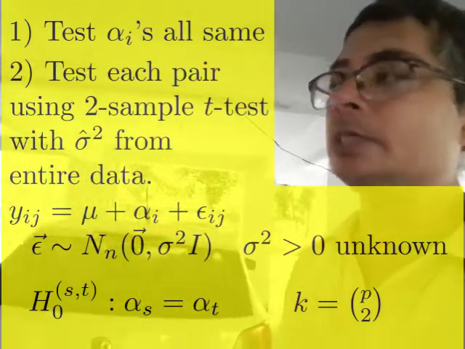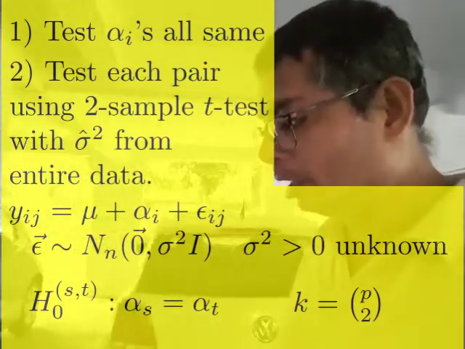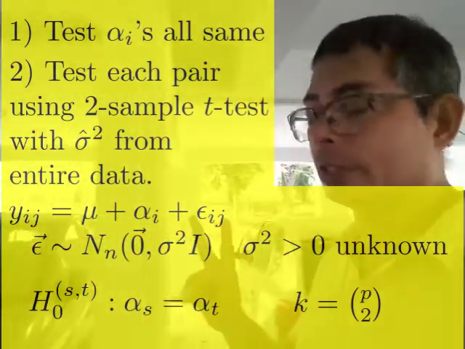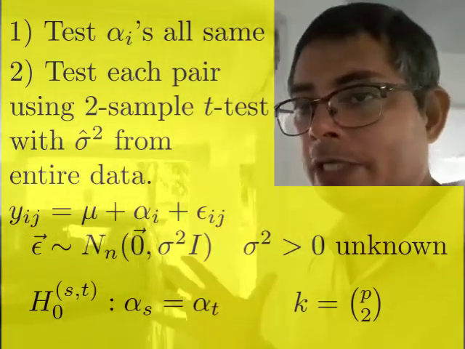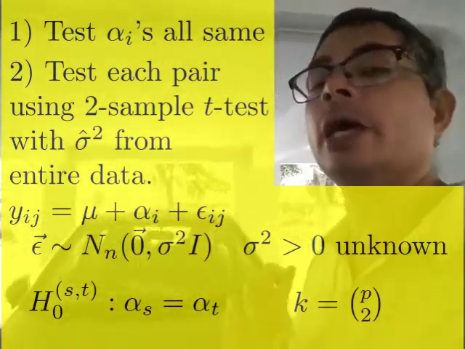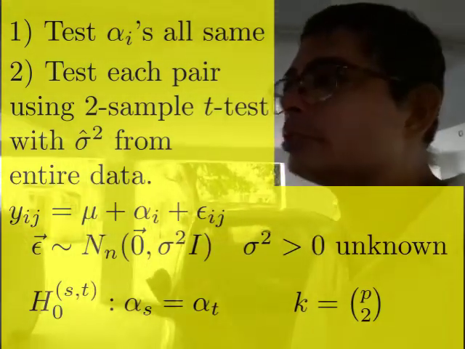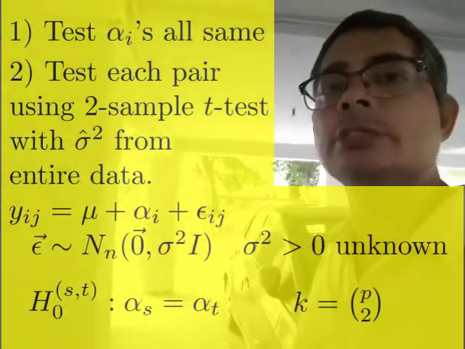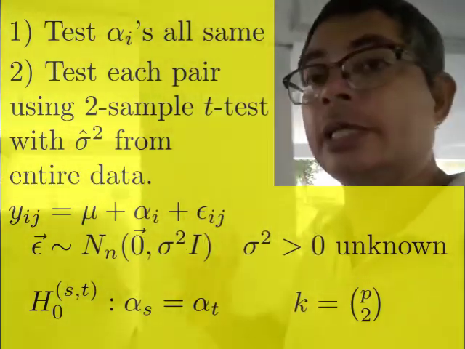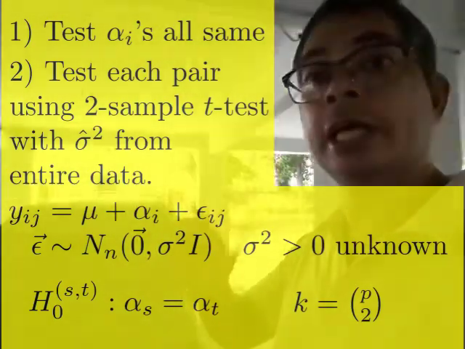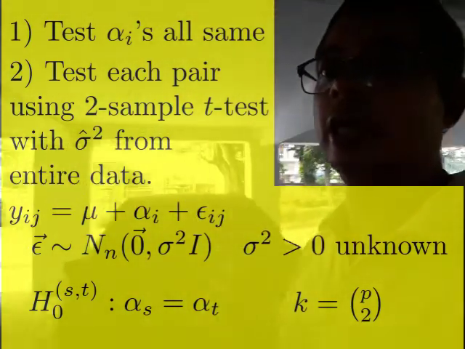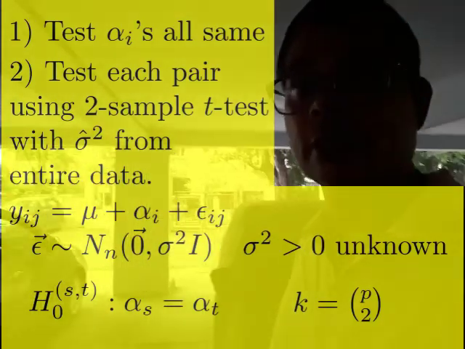And the next step is, again a very common sense one: you pick up 2 things, one i and one j, and you compare between those 2 things using just a 2 sample t-test. And if you want, you can even test directional things like alpha i greater than alpha j.